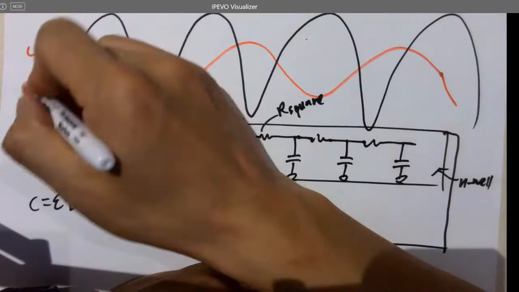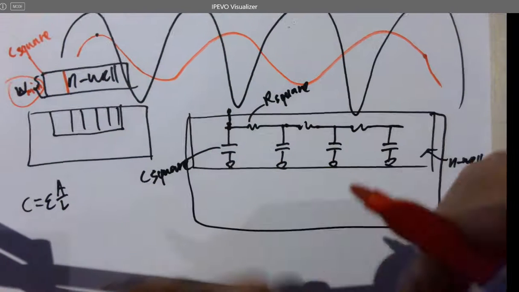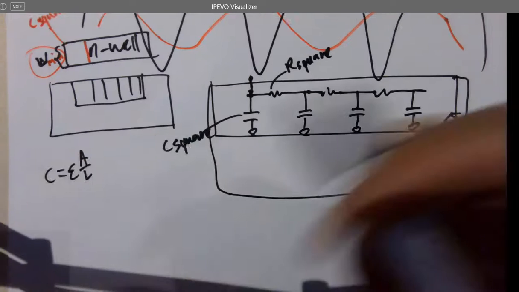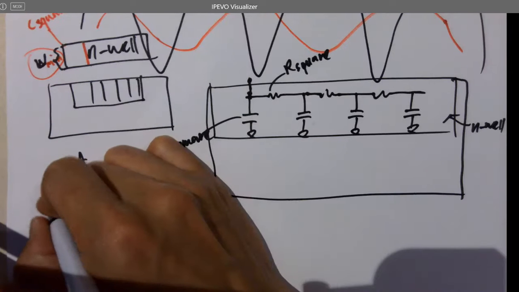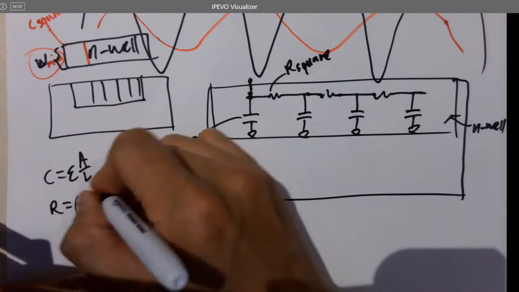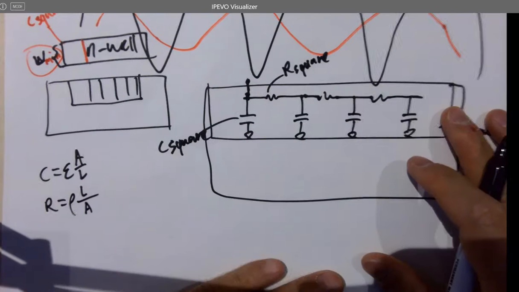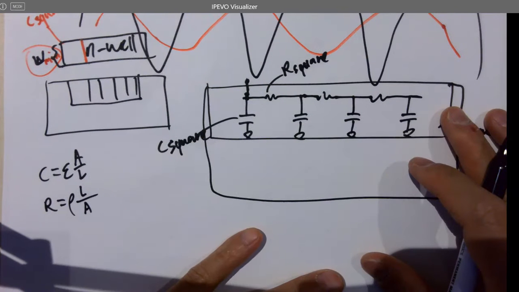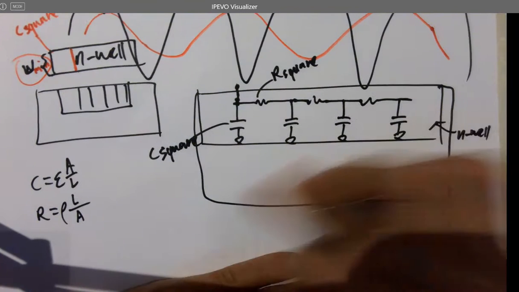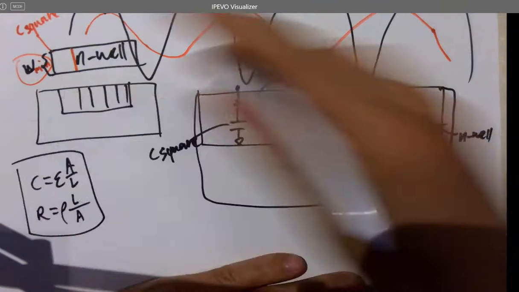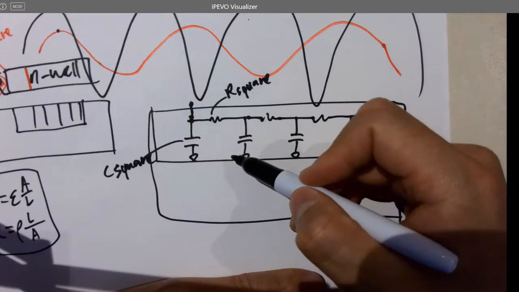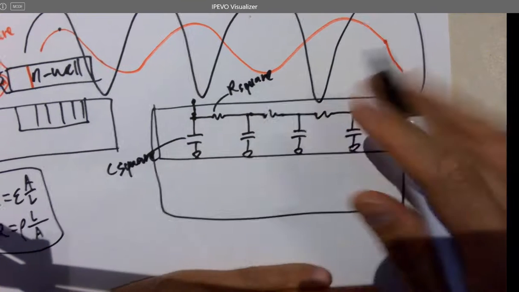Because they're using the same width everywhere. So what about R? R equals to what? Rho L over A. Okay, you want to memorize these two equations. So we got C squares and R squares.